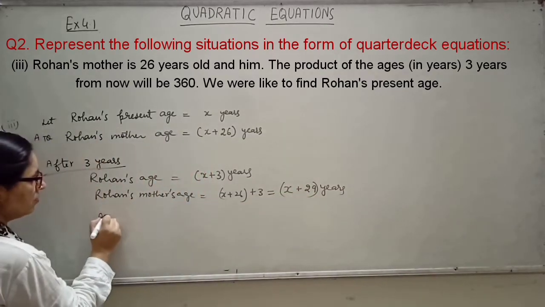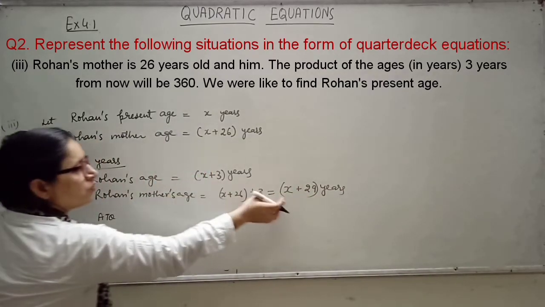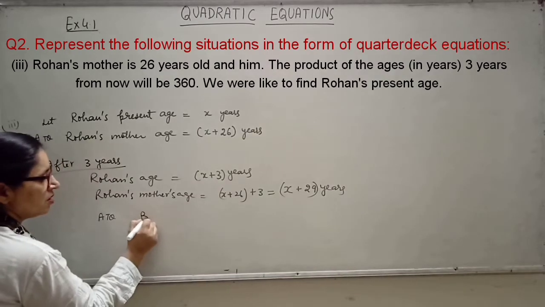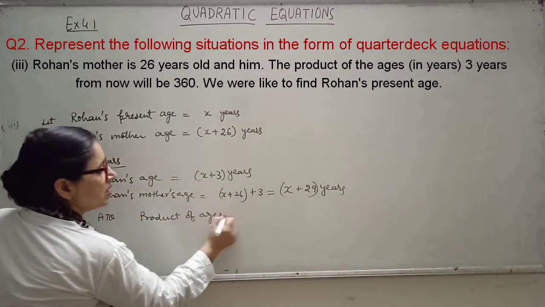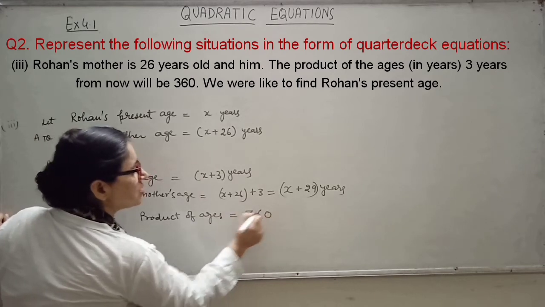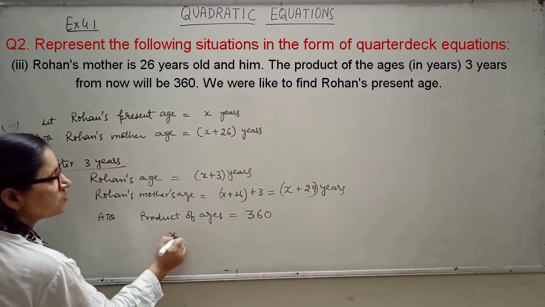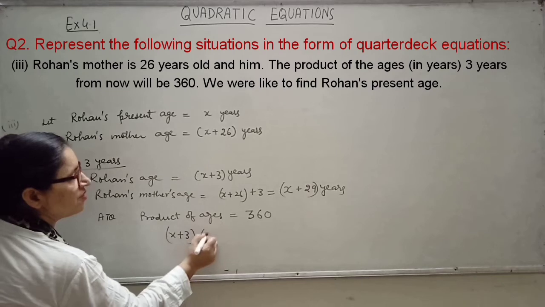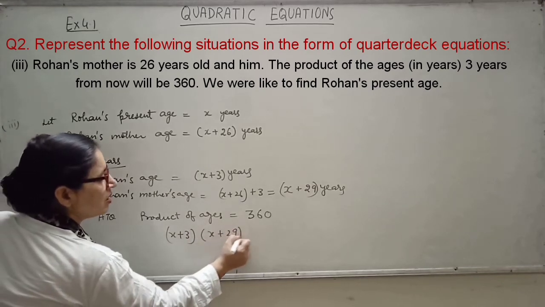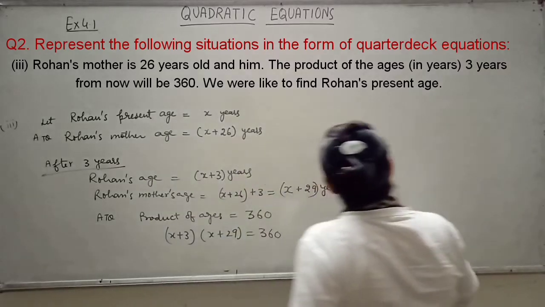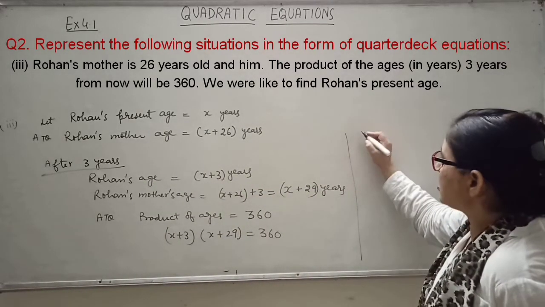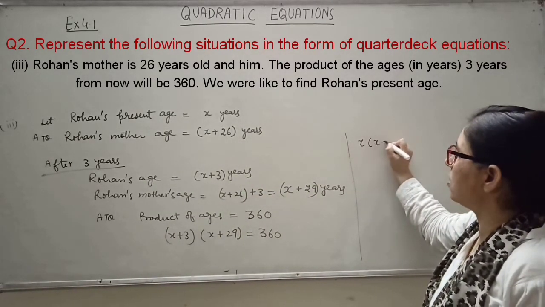According to question, now the product of these two ages is equal to 360. Means x plus 3, when it is multiplied with x plus 29, then it is 360. Let us simplify it to check whether it is representing quadratic equation or not.